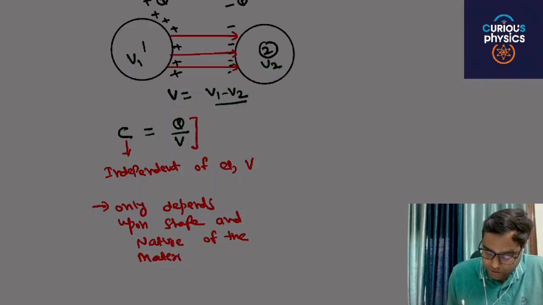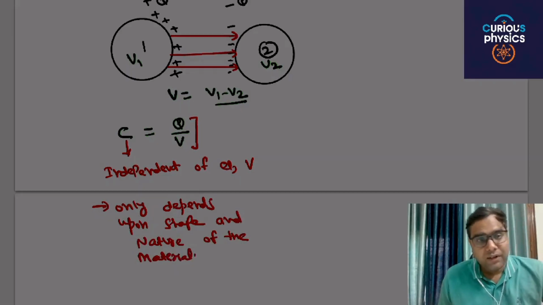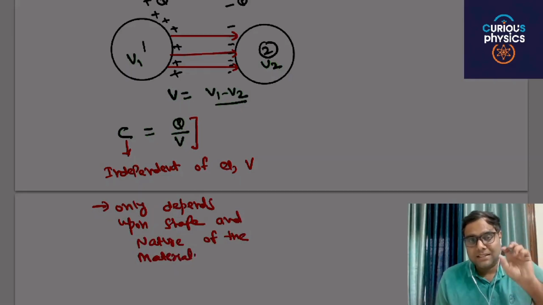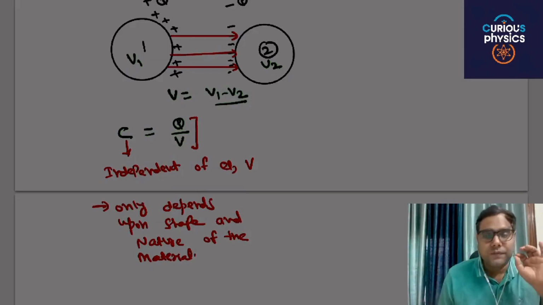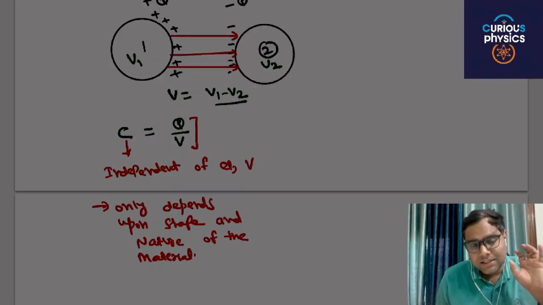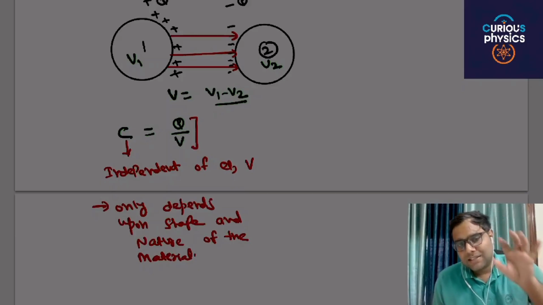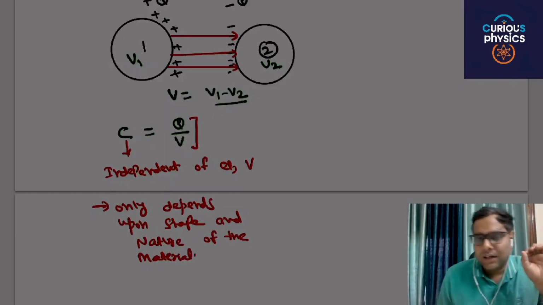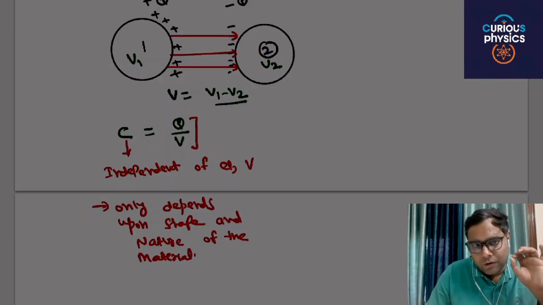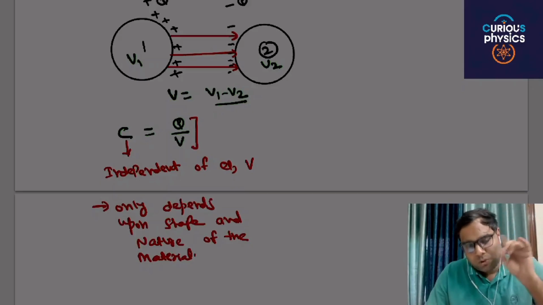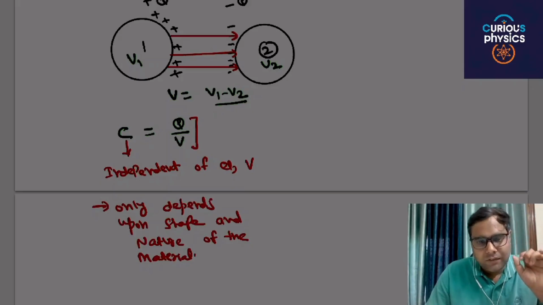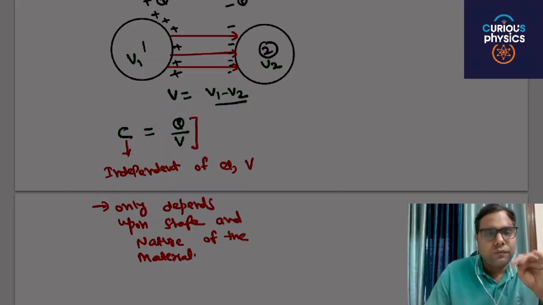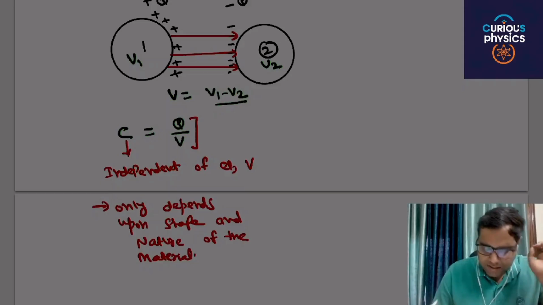Yes, the ratio will be equal to capacitance, but the exact capacitance is independent of Q and V. Always remember my point, this is very important. In the same way, we will discuss resistance and inductor in our later chapters; those two electric devices are also independent of the ratio and only depend upon the shape and nature of the material. This is basically capacitance.